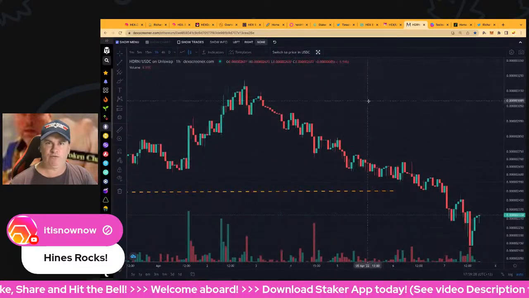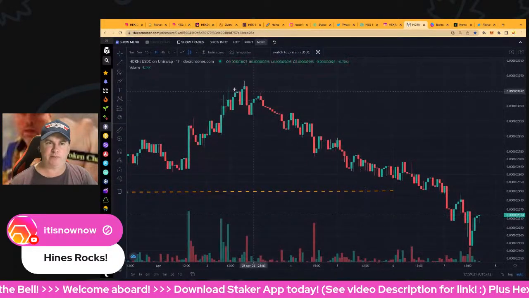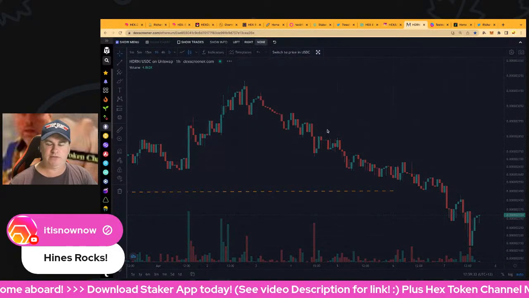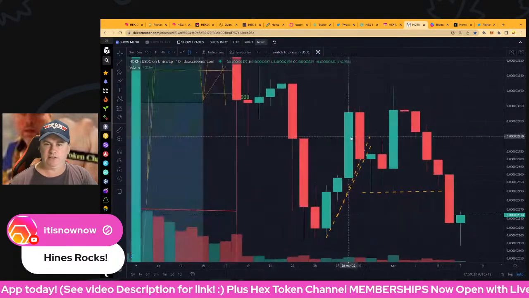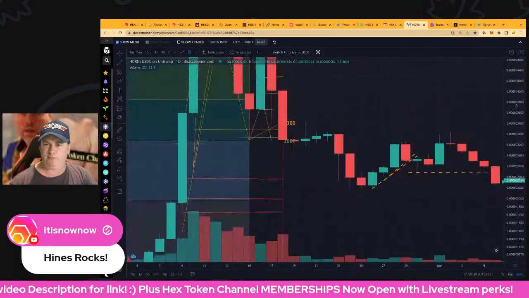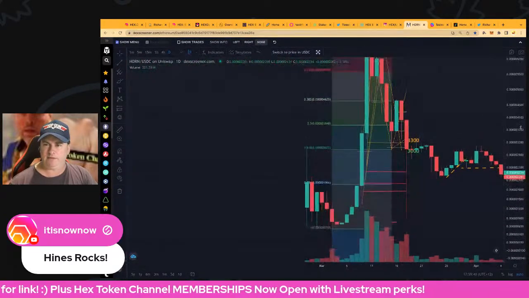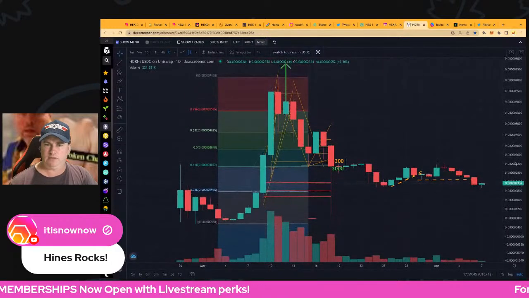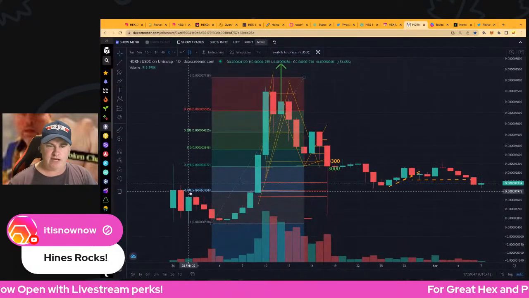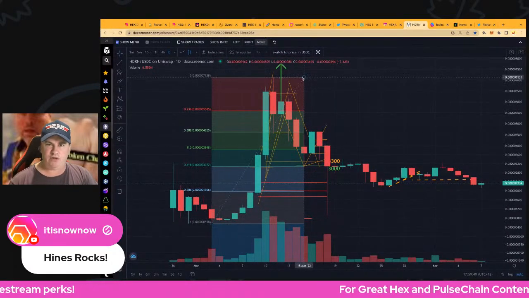Interesting times getting that full 78.6% pullback on the Fibonacci. That's a pretty big deal. Let's pull up the full daily there with the Fibonacci, and we can see on the Hedron. So this was our 78. We did a 12x rise in 8 days.